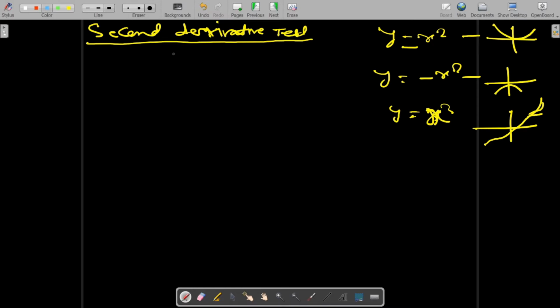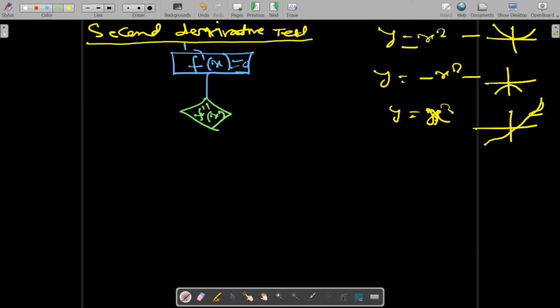First of all, generate and do the first derivative test, f dash, and check it.